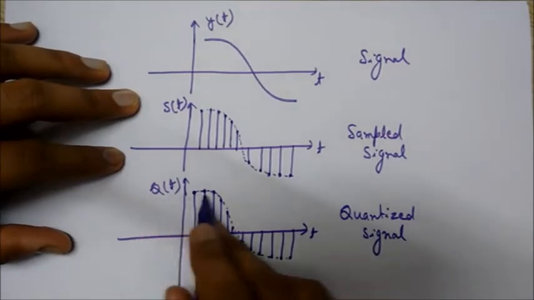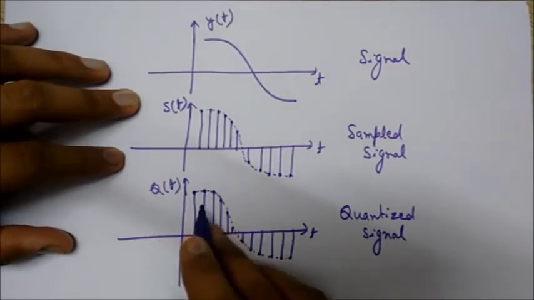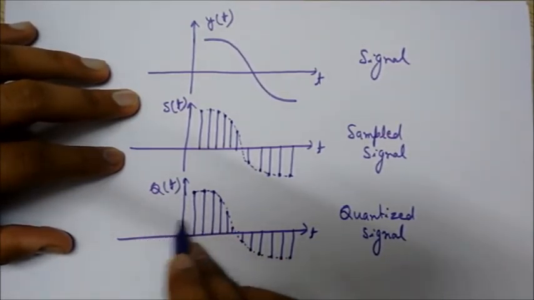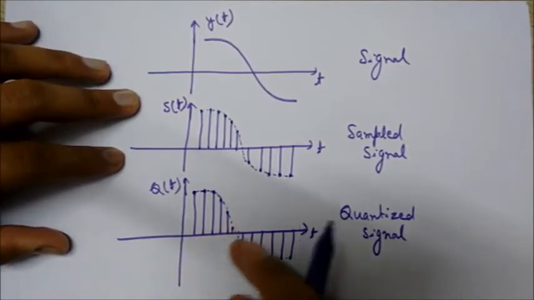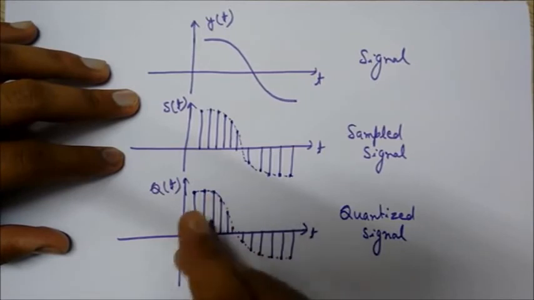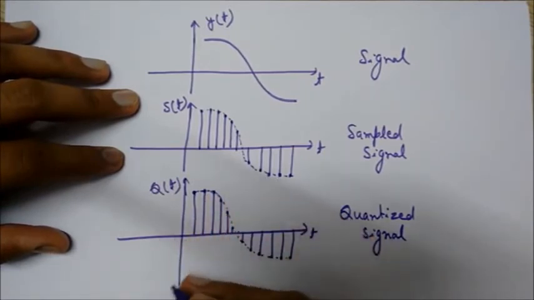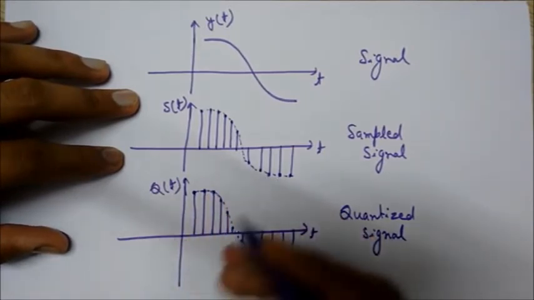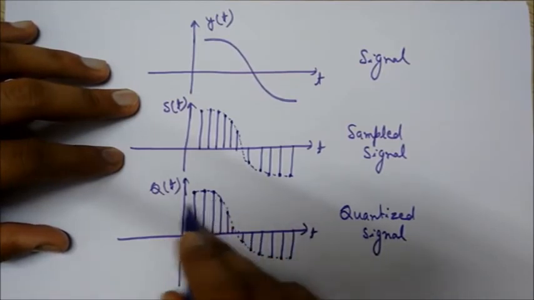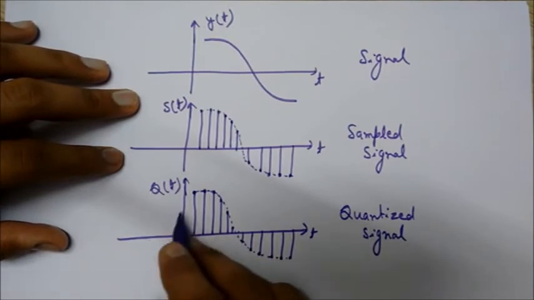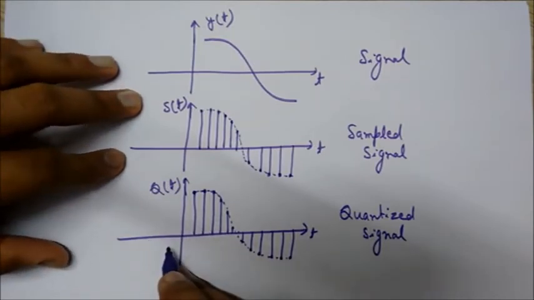Here we cut this amplitude into a number of levels, and we try to round off the value of the signal to the nearest fixed level value.